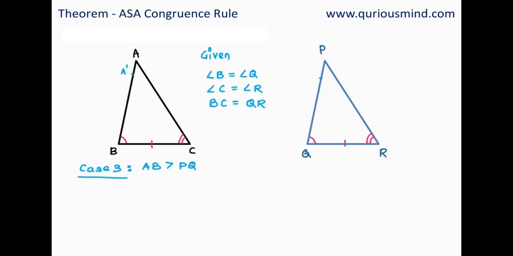Isn't it? Because if AB is greater than PQ, that means there is some point A dash, which will give us the exact length of PQ. And let's draw A dash C. Now we can see that A dash B is equal to PQ. That's our assumption and construction.